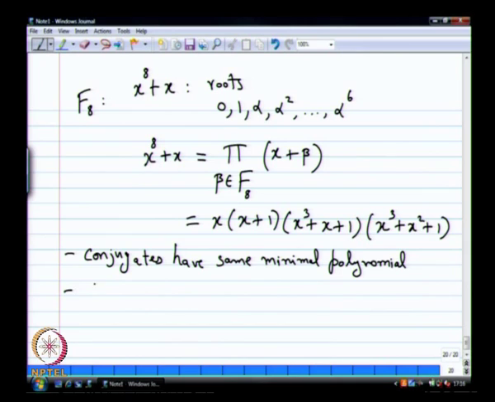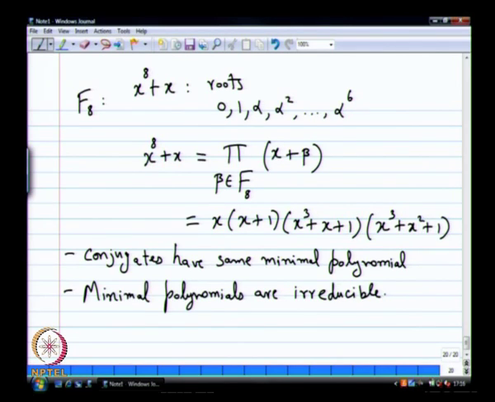The next fact, which I did not state anywhere, but it is also easy to prove, is that the minimal polynomials are irreducible. How do you quickly show that the minimal polynomials have to be irreducible? If they are not irreducible, what will happen?